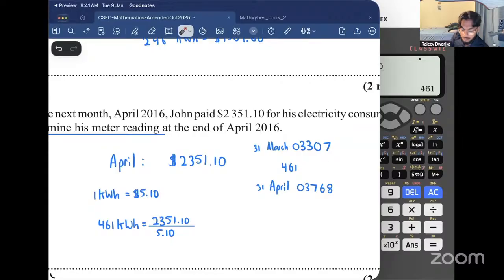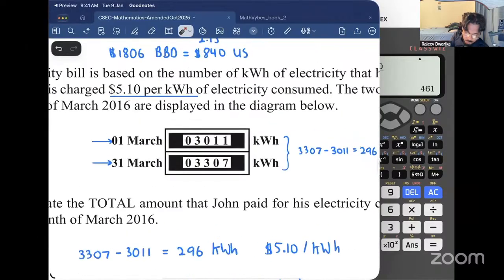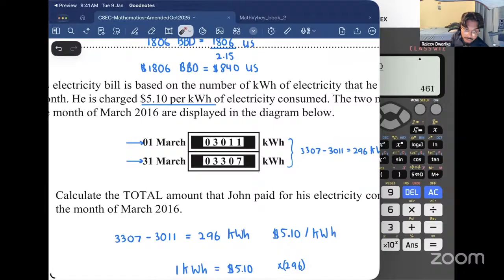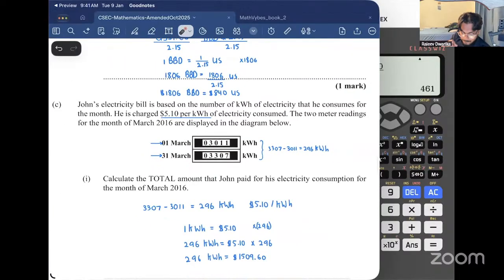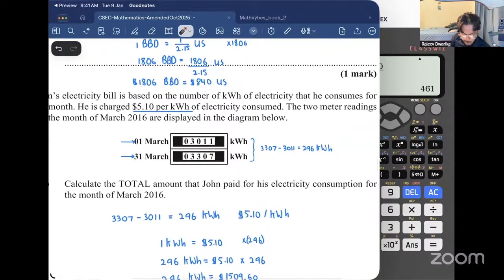Yes, sir. But in the last question, it was for the month of March. If it's for the month of March, I need to look at between the first and the last day in March, so I would minus to find the difference. You sure you understand now or not? Yeah, because the first question you had to work from the month period before to get the total.